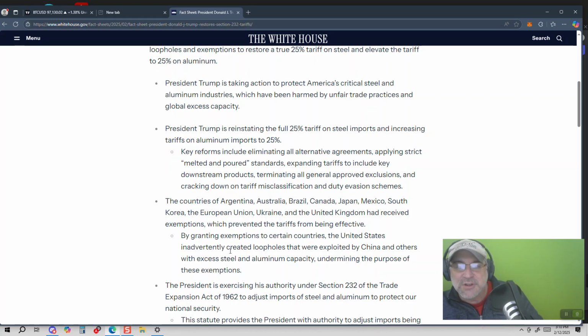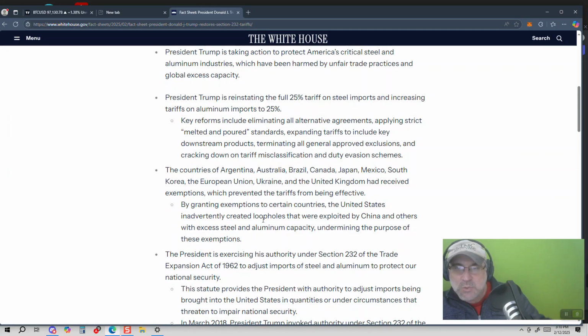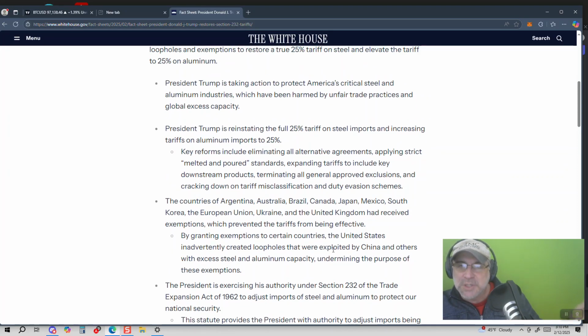The United States inadvertently created loopholes, this is from the White House website, that were exploited by China. And of course, we know that we're embarking upon a very deep trade war with China right now, and I think it's not going to be alleviated anytime soon.